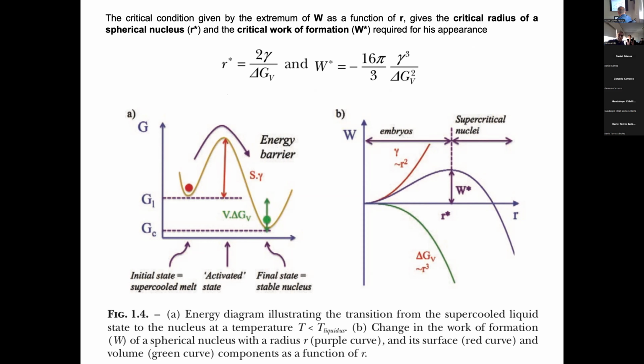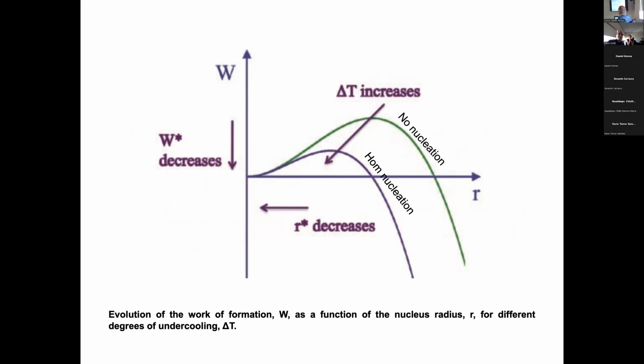To make it simple, what does it mean? We remember that delta GV is related to delta T. If I increase delta T, so therefore I decrease the temperature and go to higher undercooling, my delta G will be higher, and so my critical radius has to be smaller.